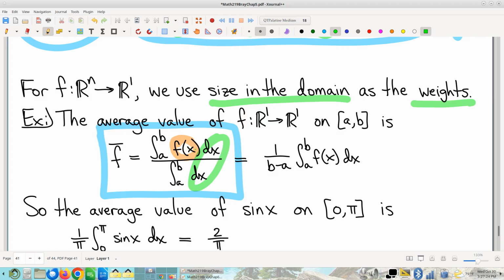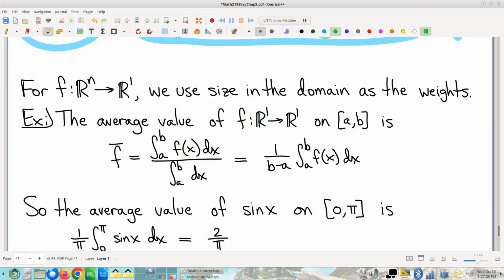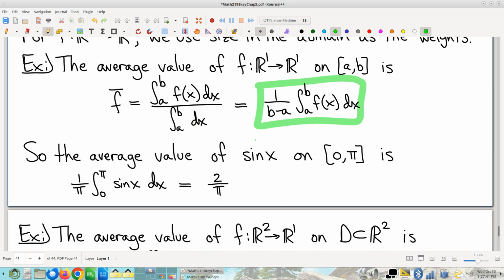Okay, now this formula streamlines a little bit. You notice that is just b minus a, a little bit more compact. Go ahead and get that part done. And now we have this more convenient formula for the average value of a function. An easy example, very plug and chug, very single variable calculus: you want to know the average value of sin x.